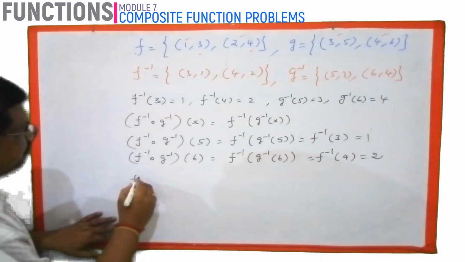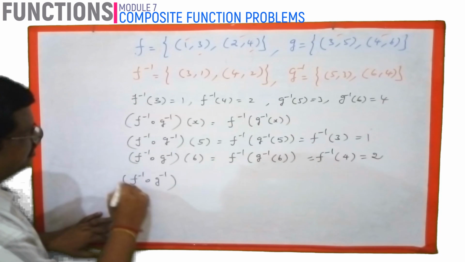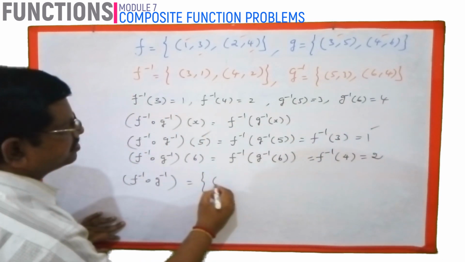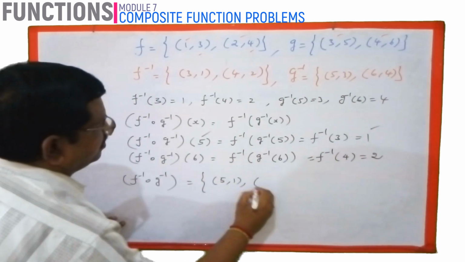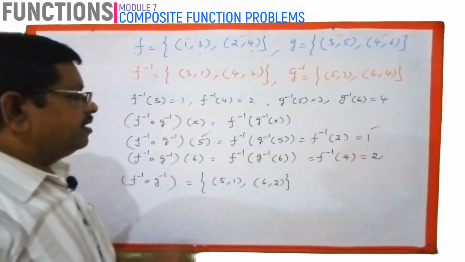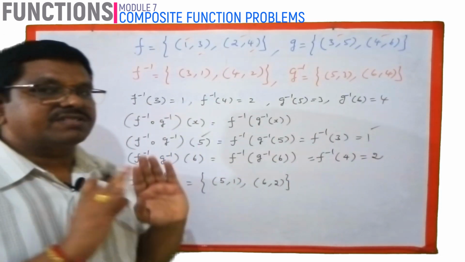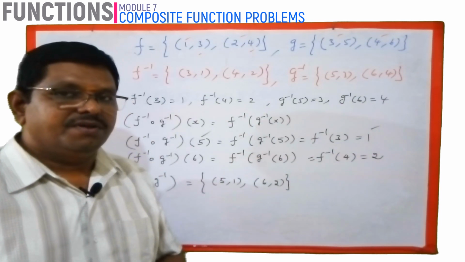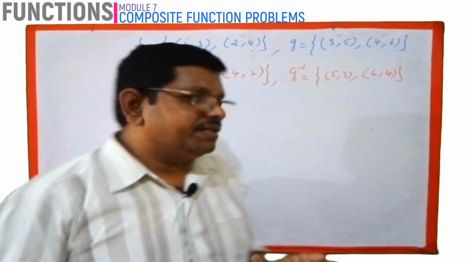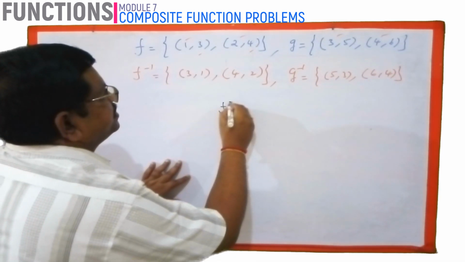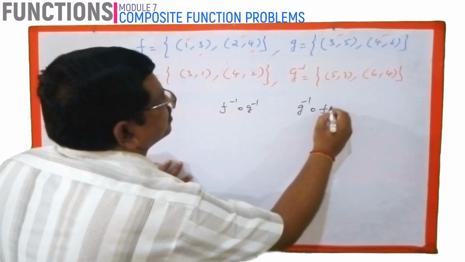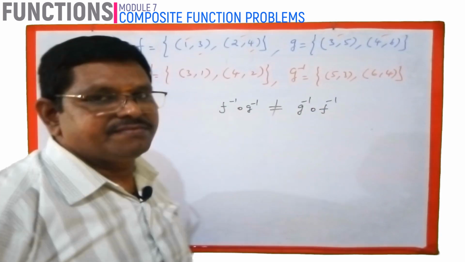Now if you are finding f inverse composite g inverse, the elements will be (5, 1) and another one (6, 2). Check it. Similarly, you have to find g inverse composite f inverse. Finally, after finding all this, we will come to the conclusion that f inverse composite g inverse and g inverse composite f inverse are not equal.